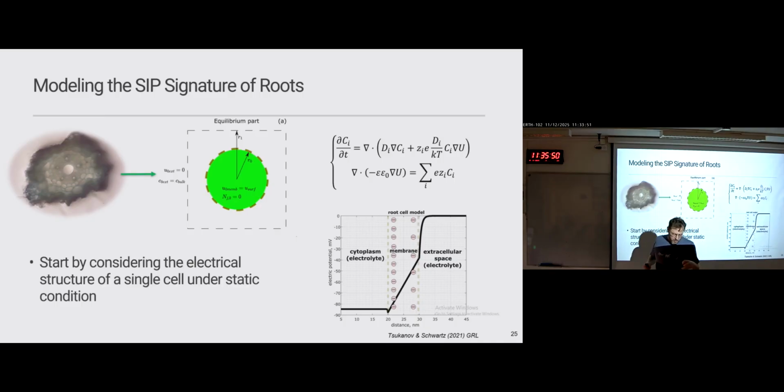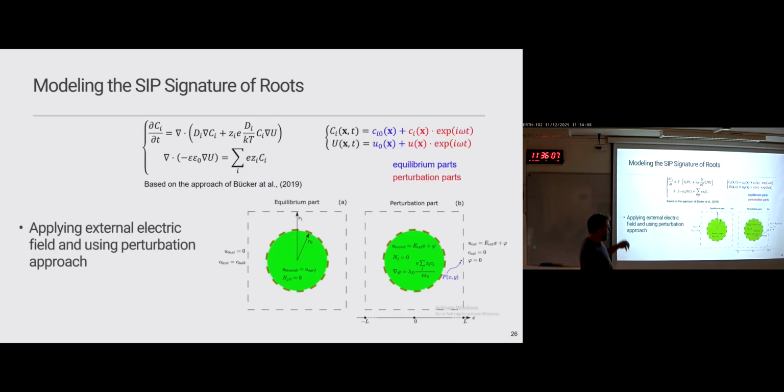Those are the scales when we talk about the electrical double layer. So we have this solution of the electric potential as a function of distance from the cell under static conditions. And then we apply our external electric field. A small field, so we use perturbation theory, and we linearized everything.